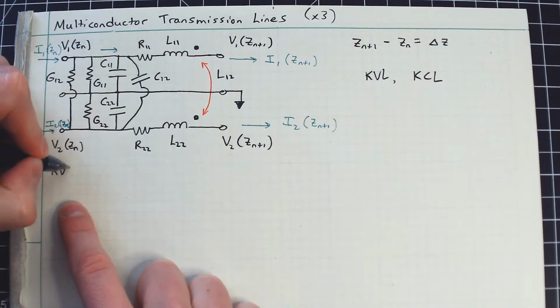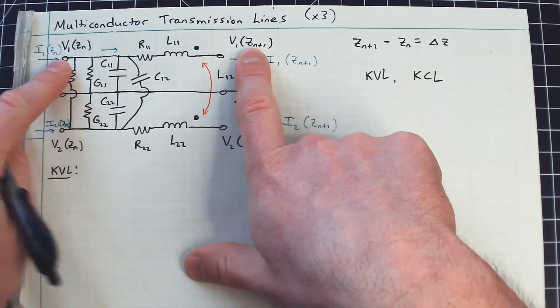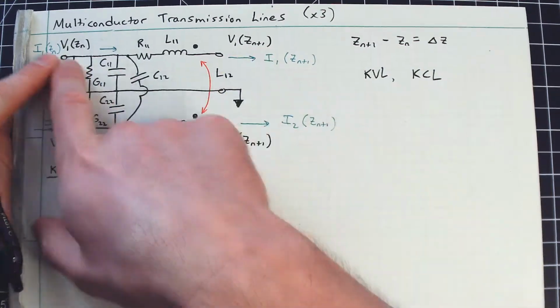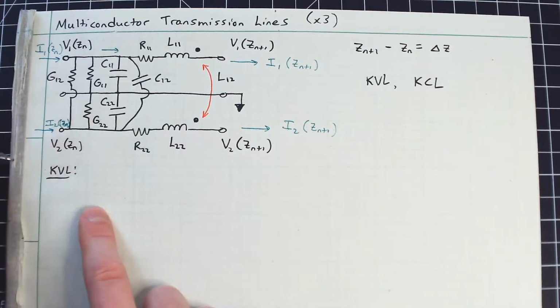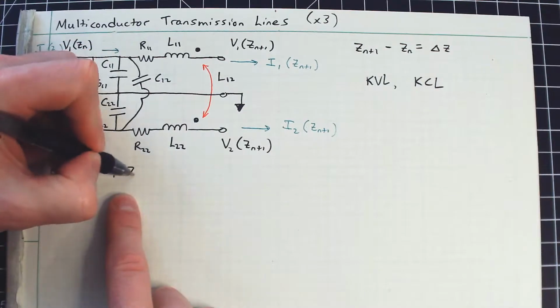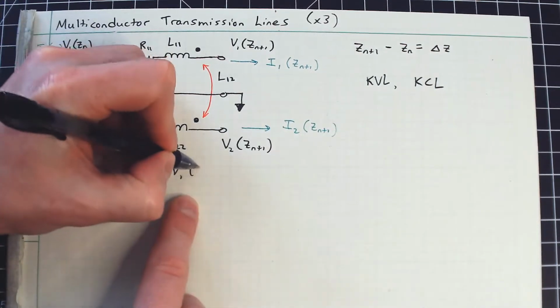So KVL. All we're going to do is say here is voltage V1 at z sub n plus 1 and V1 at z sub n. So what we're going to write is the following: V sub 1 at z sub n plus 1 minus V sub 1 at z sub n.